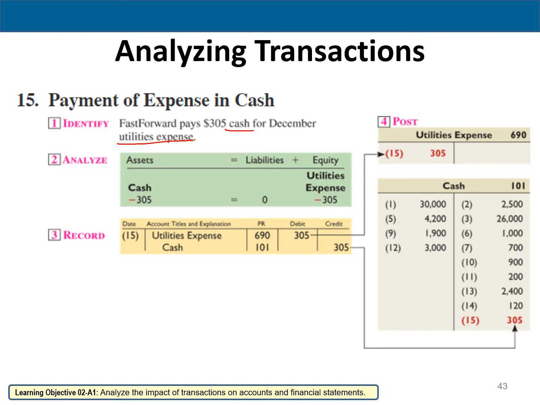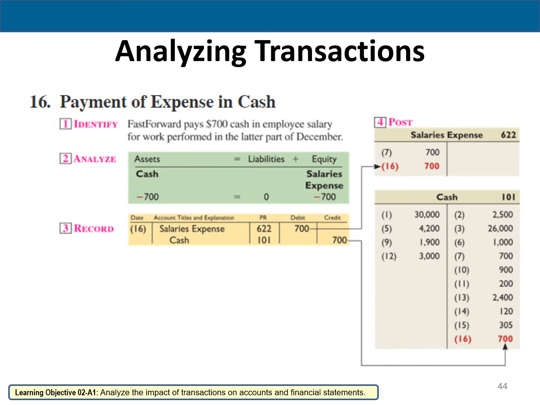And we said that dividends and expenses have an inverse relationship with equity. And so as our expense goes up, equity goes down. And so what we're showing here is the impact on equity. But the balance in our utilities account itself is increasing. And we said to increase expense accounts, we debit. And cash is an asset. And in order to decrease asset accounts, we credit.